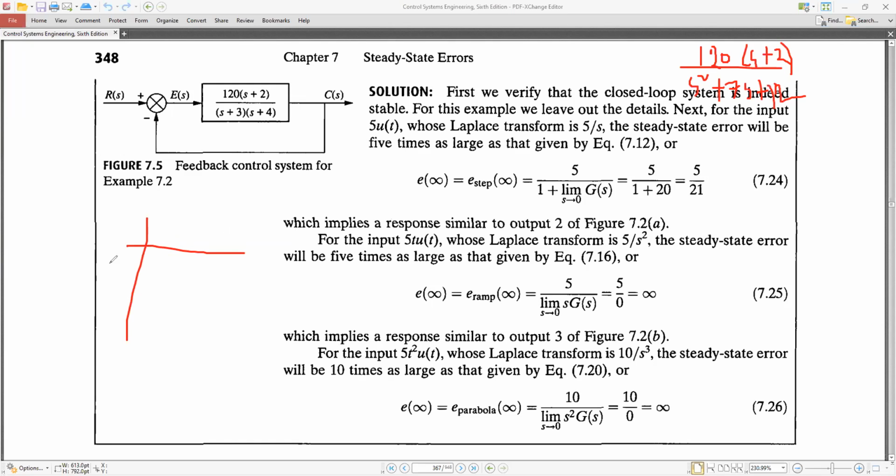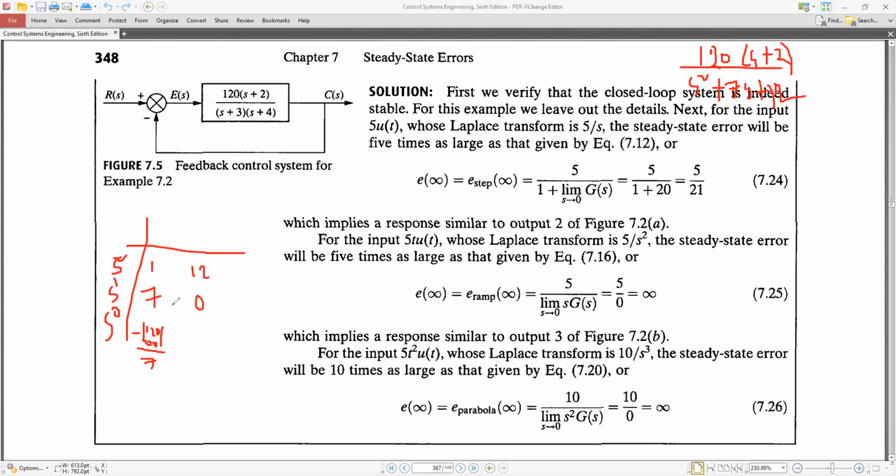So you check this one: s square, s, and the constant. So 1, 12, and 7, 0. Here 12, 0, 0, 0 by 7.